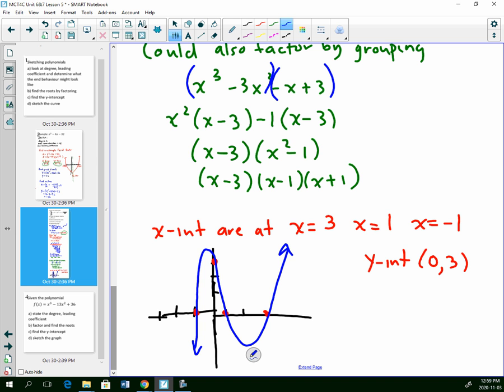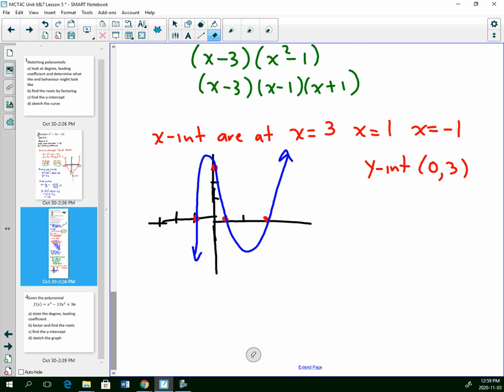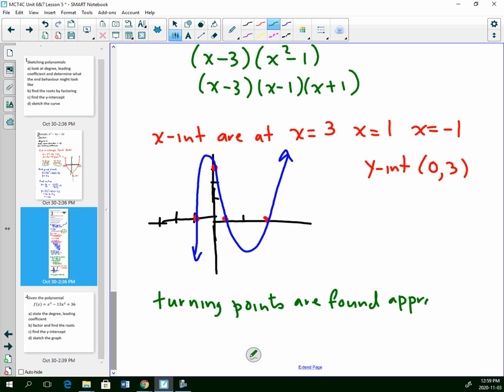If you wanted to be more accurate about turning points, the turning points are generally found halfway between the roots. So this is more of an approximation, approximately halfway between the x-intercepts.